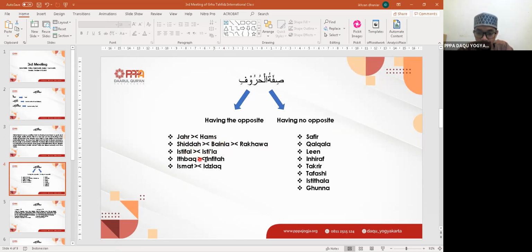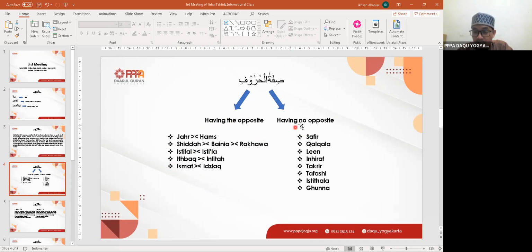Itbaq opposes infitah, and also the ismat opposes the izlaq, which you already know. They all oppose each other because they are included in sifatul huruf which has the opposite.